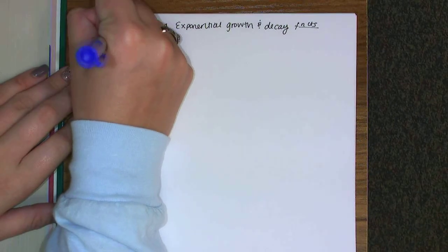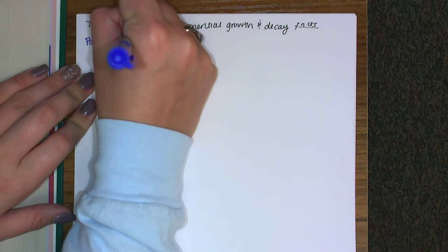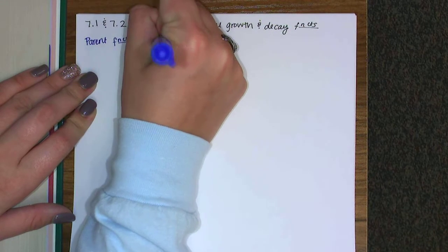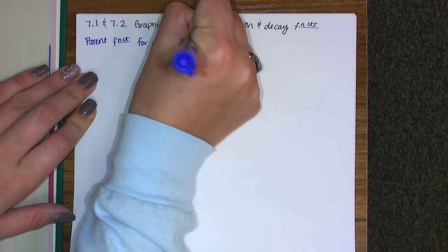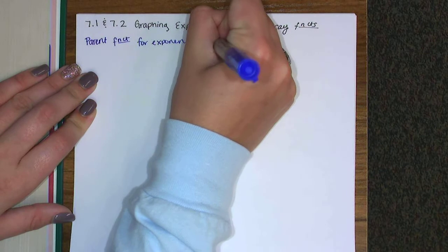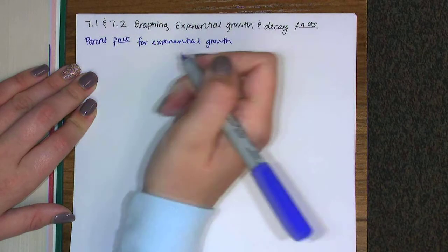So we need to look at the parent function for exponential growth. So we'll do a little bit with growth and then we'll go to decay. So the parent function for exponential growth.